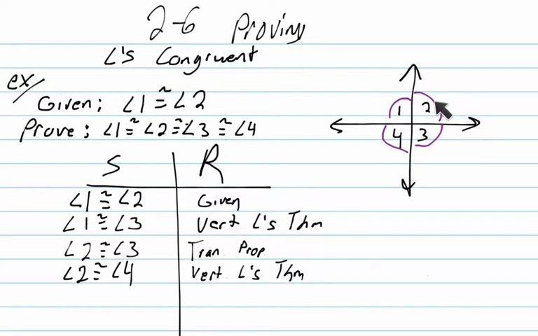We have 2 to 1. We have 2 to 3. We have 2 to 4. Do we have 2 to 3 yet? Yeah, we have that. Okay, we have 3 to 1, 3 to 2. Do we have 3 to 4? No. But if angle 2 is congruent to angle 3 and angle 2 is congruent to angle 4, what do I know? By what property? Transitive property.